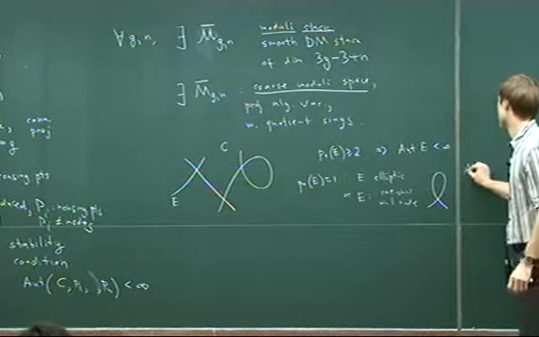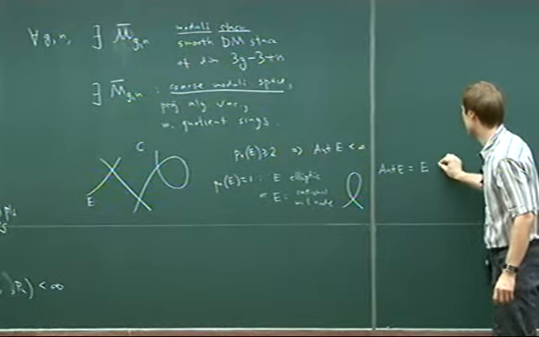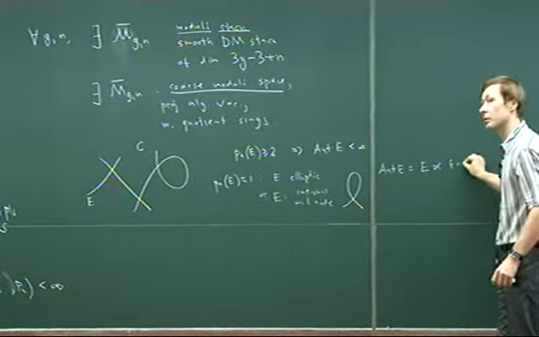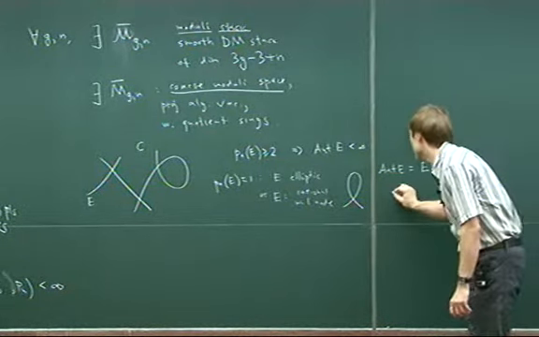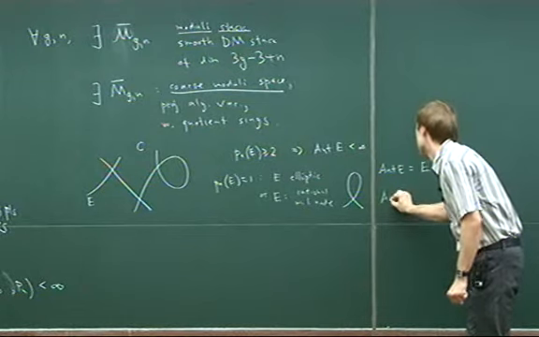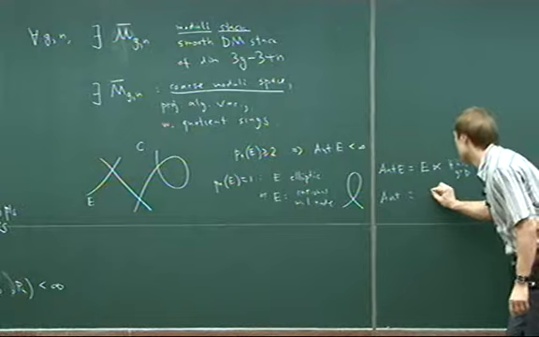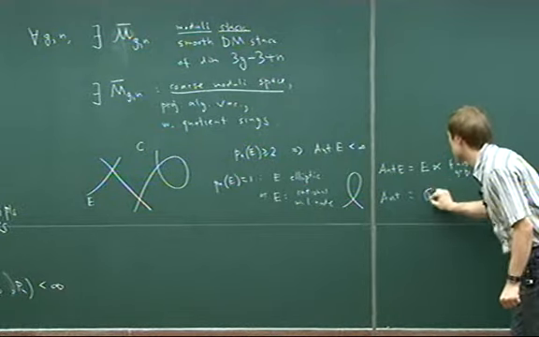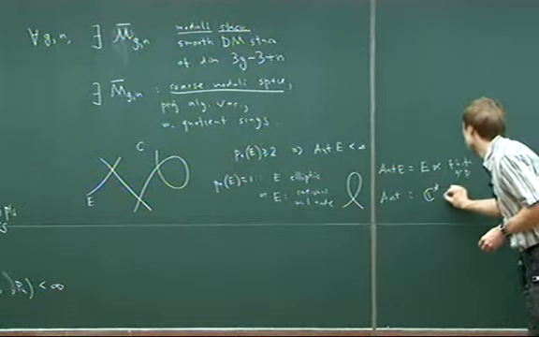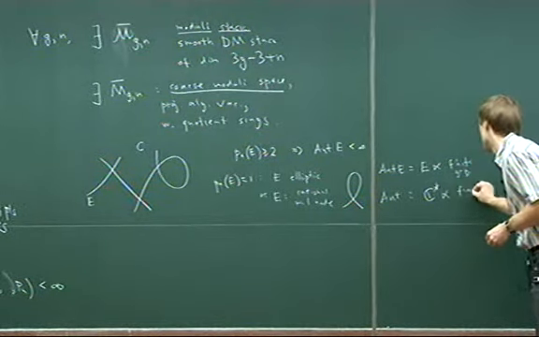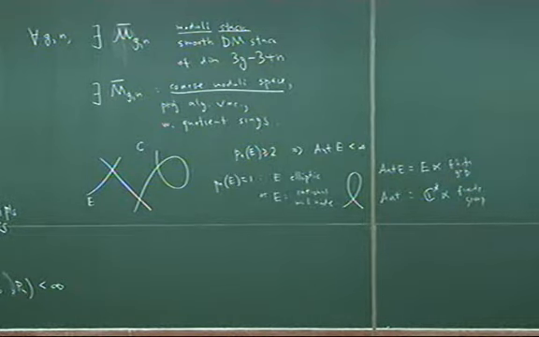So in the first case, it would be E itself extended by some finite group. And in the second case, this nodal curve contains a copy of the multiplicative group. So working over C, let me just write C star. And again, extended by a finite group. There is a reflection, for example.